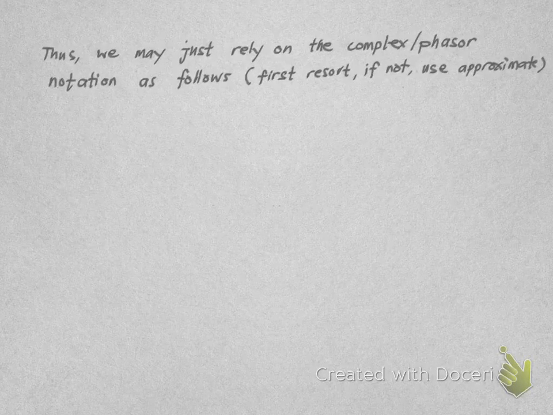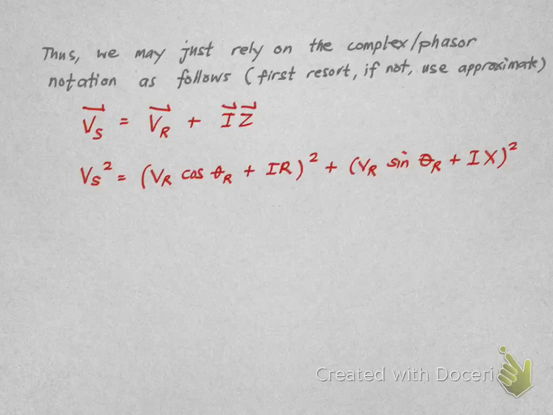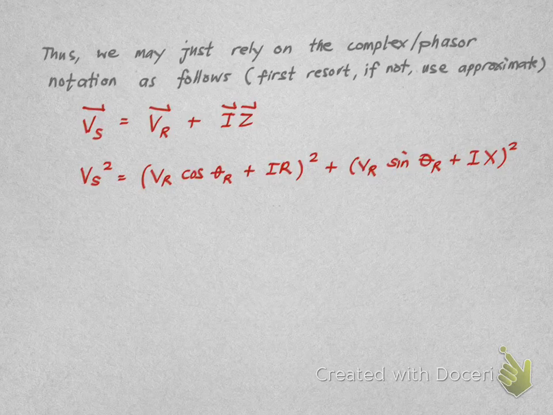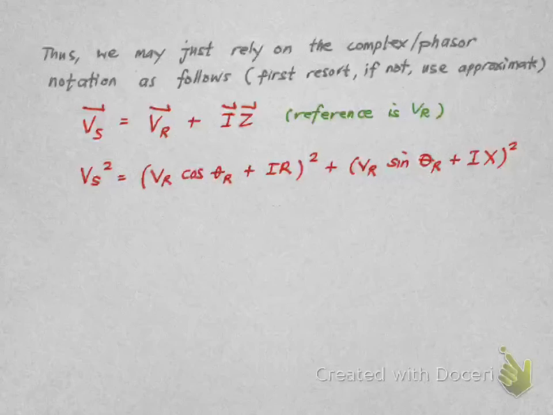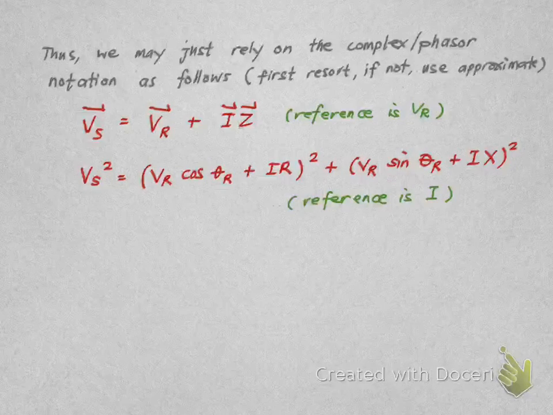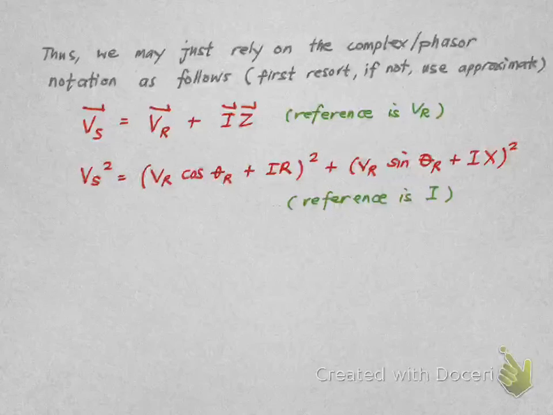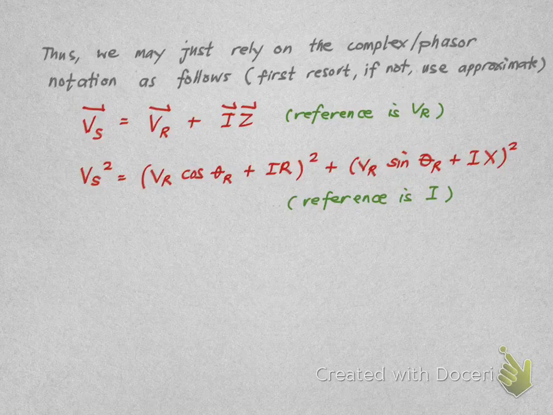So for the complex or phasor, simply use this. We just have to take note that the reference here is VR for this complex notation, whereas here the reference is I. But definitely this Vs squared equals VR and so on is just the same.